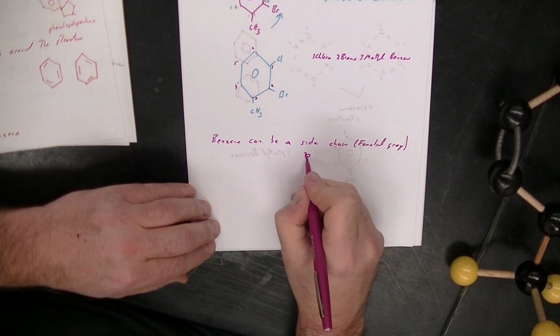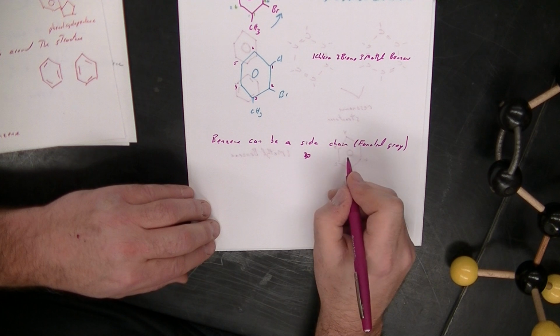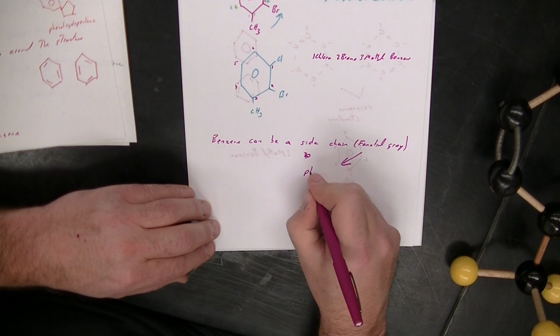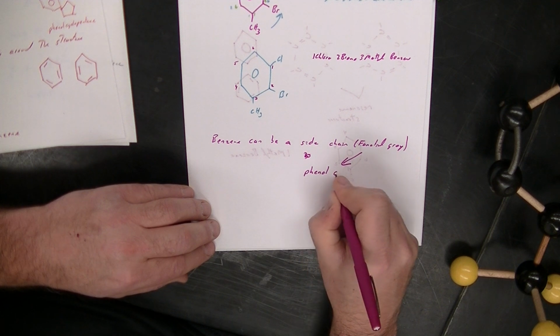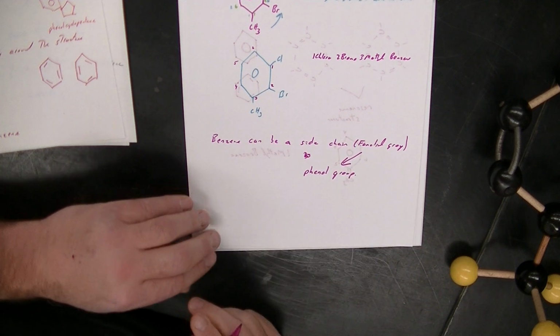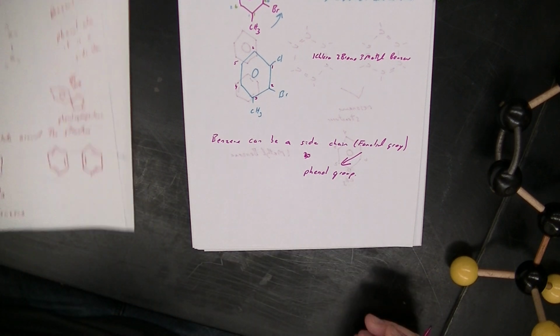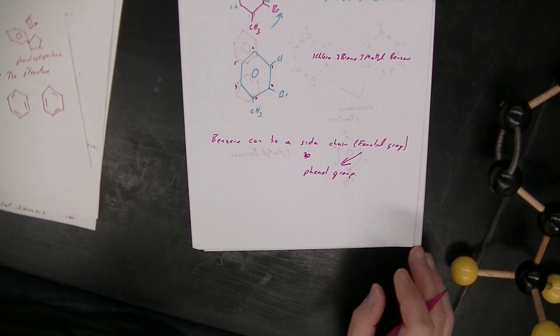And when it's a side chain, or when it's a functional group, it's called a phenyl group. So let's look at a couple.